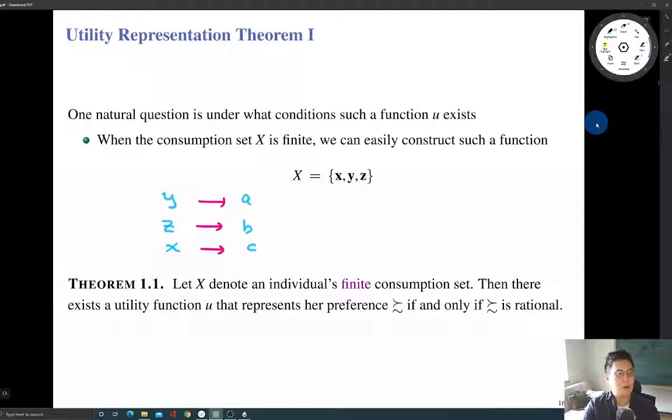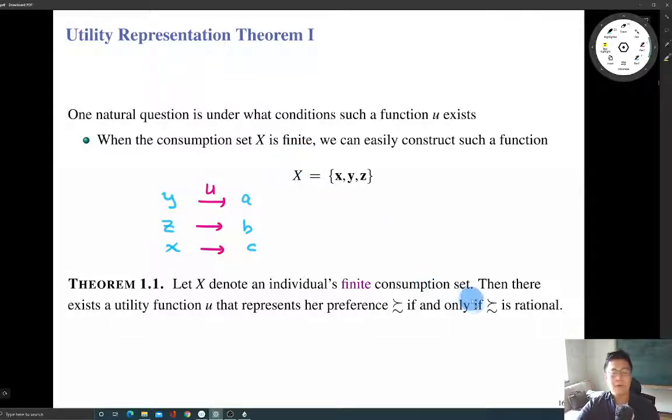Let me call this function u. And this function u will represent the given consumer's preference relation. So rationality is a sufficient condition for existence of a utility function when the consumption set is finite.